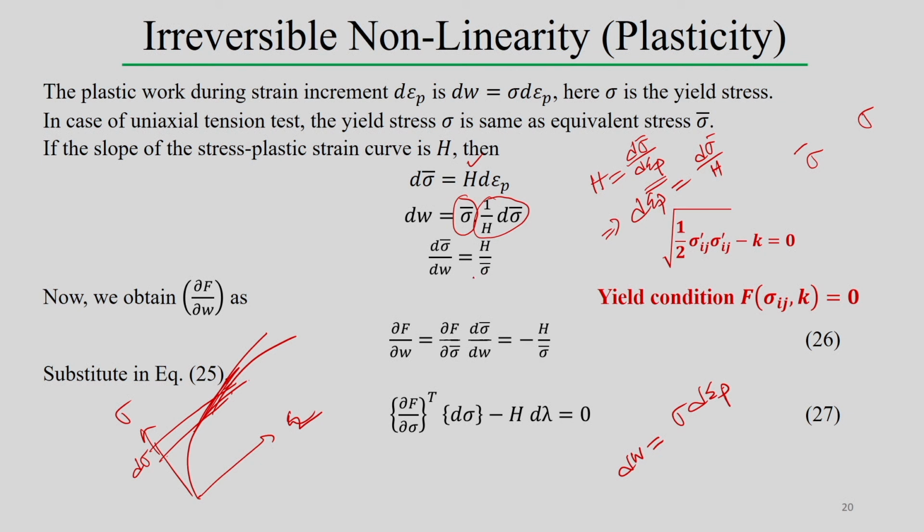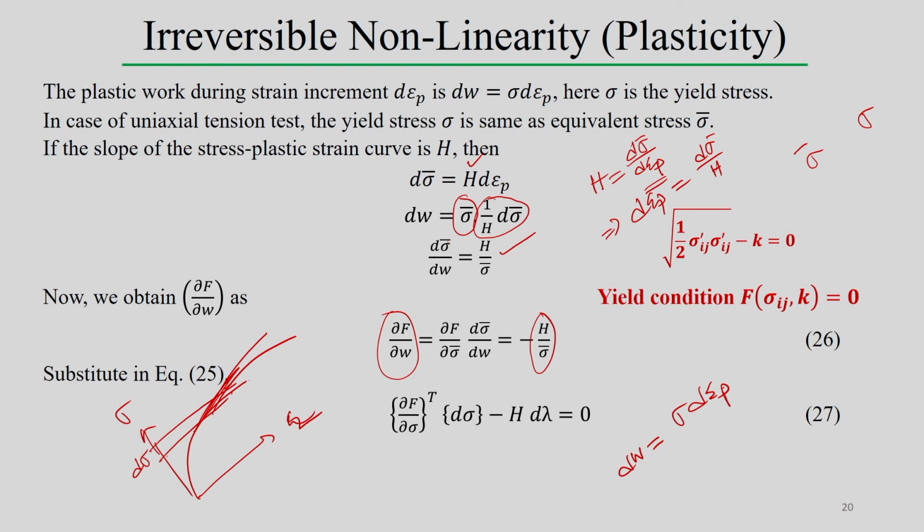So, finally we get d sigma bar by dW equal to H by sigma bar. Now, we obtain del F by del W. Del F by del W, this partial derivative, is del F by del sigma bar into del sigma bar by del W. So, from here we can find del F by del sigma bar times d sigma bar by dW. d sigma bar by dW equals H by sigma bar, and del F by del sigma bar is actually minus 1.